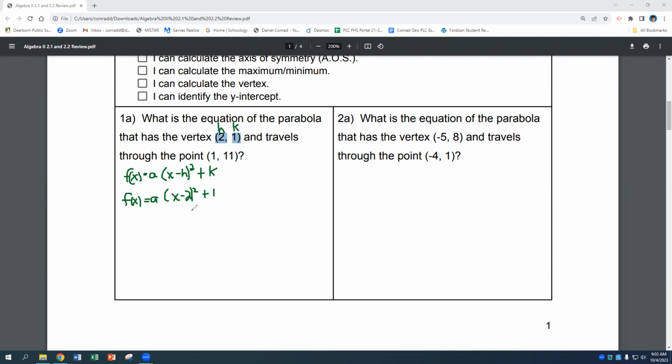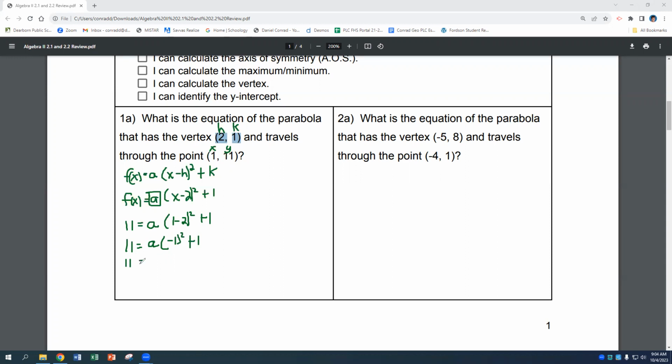So my equation's good, except I don't know what this a is. To solve for that a, we're going to substitute in the point (1, 11). 1's going to be my x value, 11 is my y value. Each coordinate is x comma y. So I put 11 here, leave my a, and do (1 minus 2) squared plus 1. 1 minus 2 is negative 1, squared is 1.